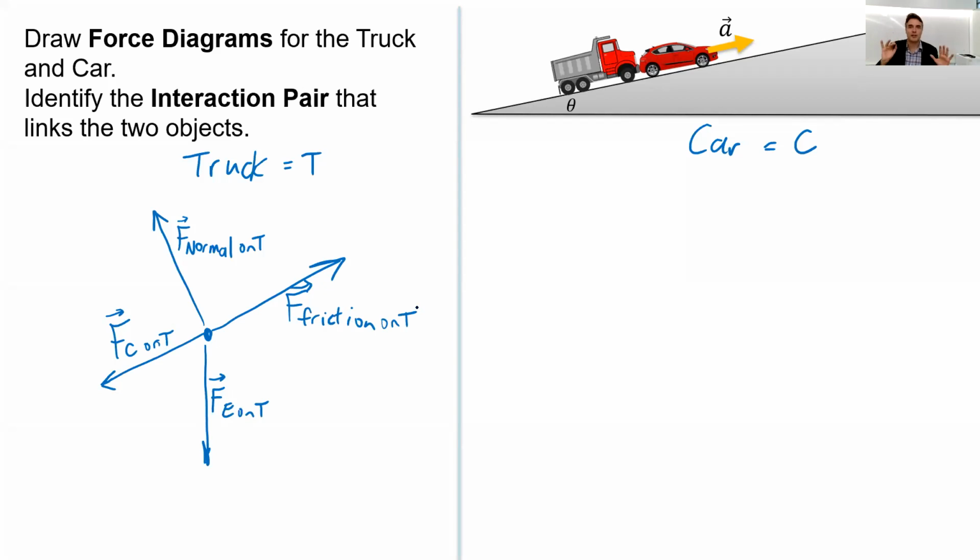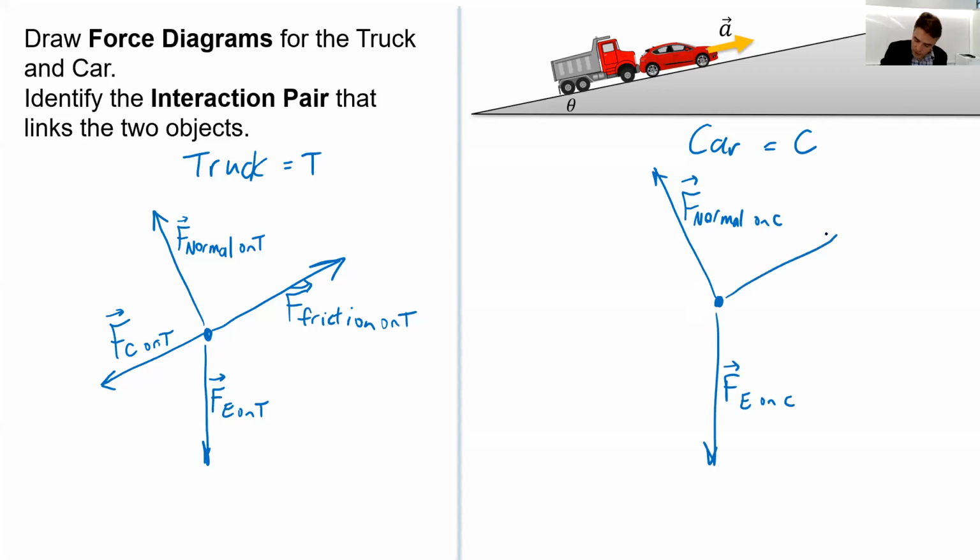You can almost drop the "on T" because we're drawing the force diagram of the truck. And then the car's force diagram looks like this. Again, there's this F normal on the car. There's going to be the force of gravity on the car. I'm going to call it E on car to use the same notation as your book.